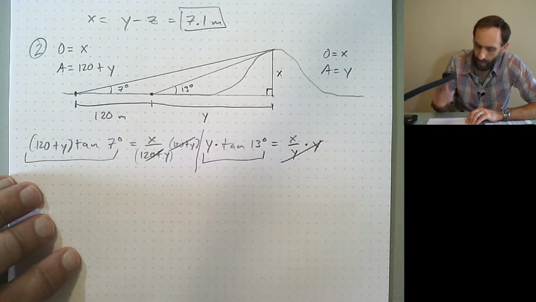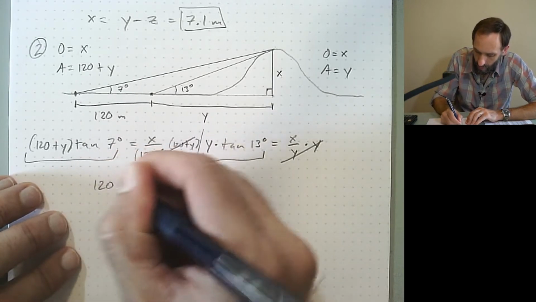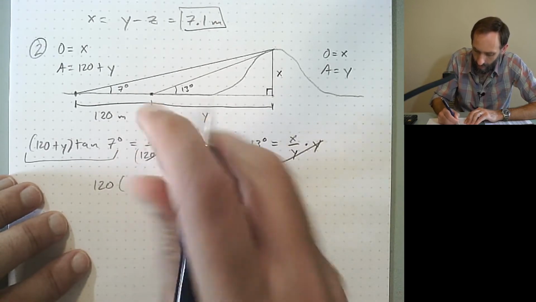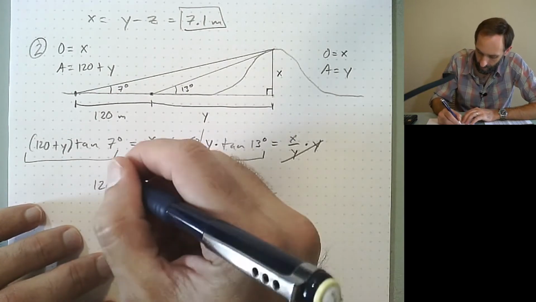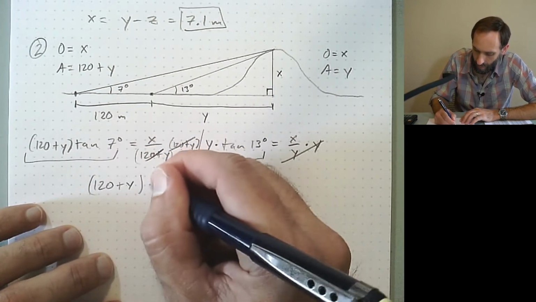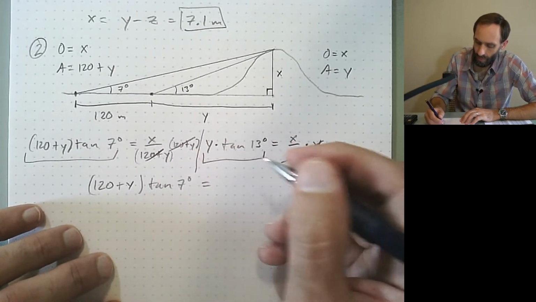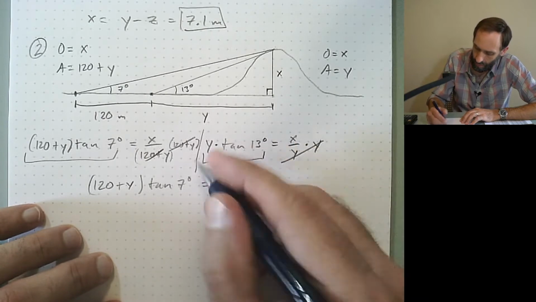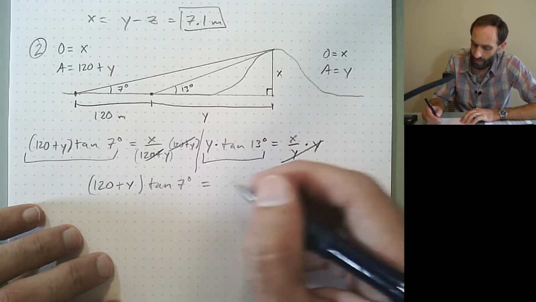These are two separate equations, by the way. So I get that 120 plus y times the tangent of 7 degrees is equal to x, which is equal to y times the tangent of 13 degrees.